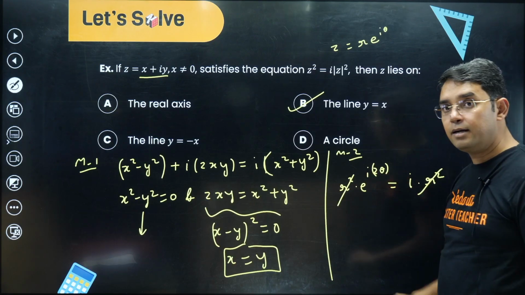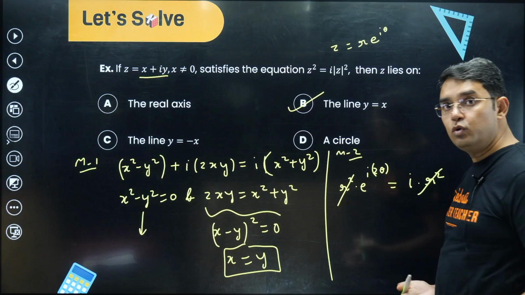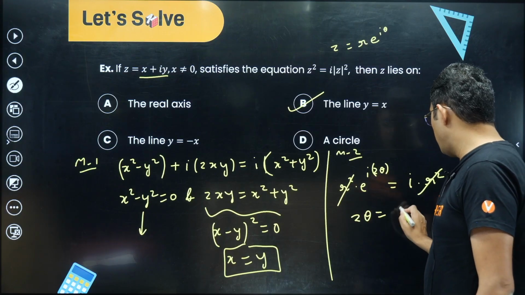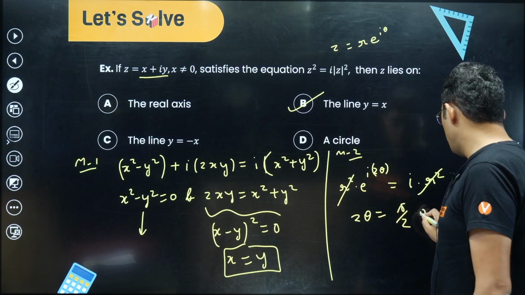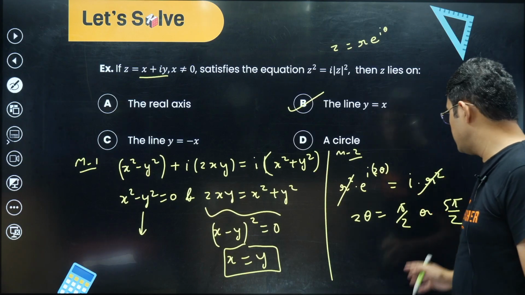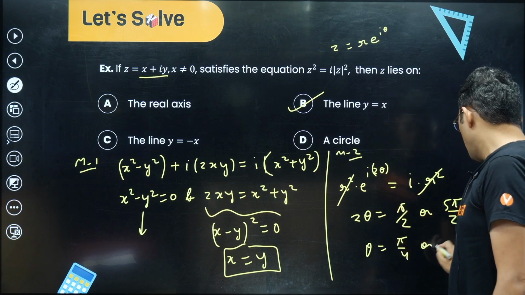R square gets cancelled. Iota has argument equal to pi by 2, or you can say 5 pi by 2. So 2 theta will be equal to pi by 2, or 5 pi by 2 also. In fact, iota has multiple values, but when we divide by 2, these two will give you pi by 4 or 5 pi by 4.